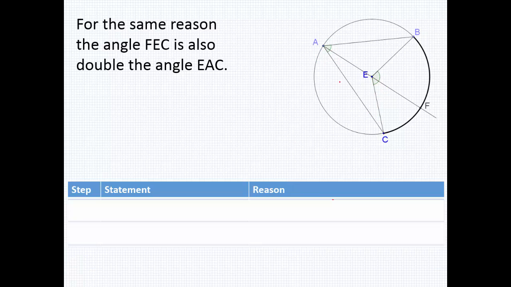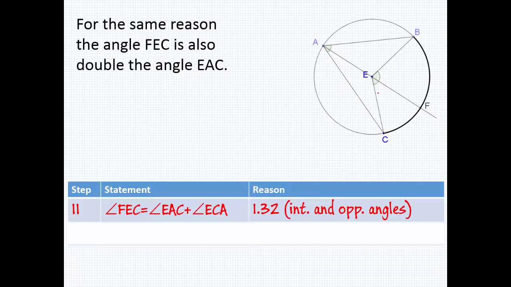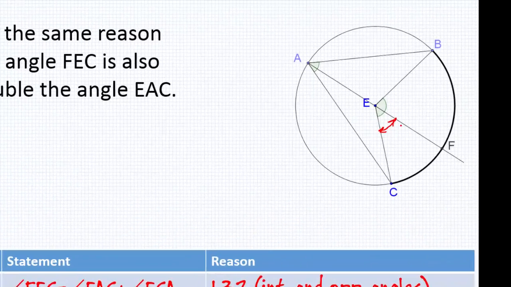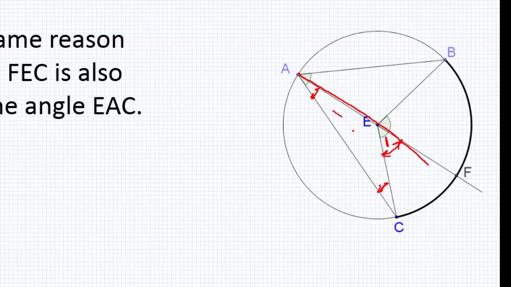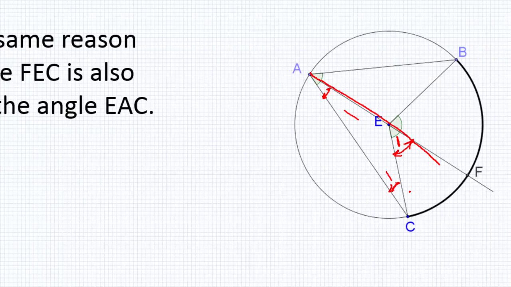That's important because the next step would require that angle FEC, again this one, is equal to the sum of these two. And again, it's the same thing where we have a triangle and we extend one side, and so this angle on the outside of the triangle is equal to the sum of the interior and opposite angles. So then we can conclude that FEC is 2 times this angle EAC.